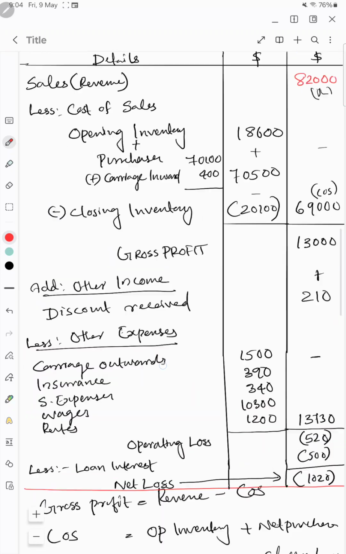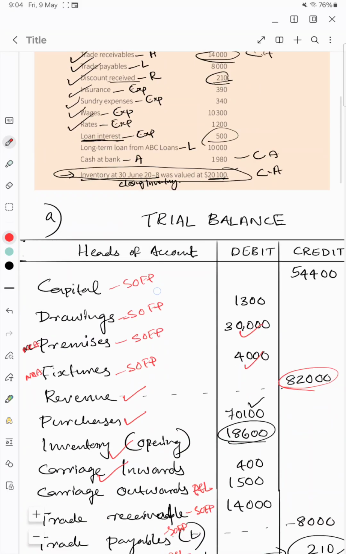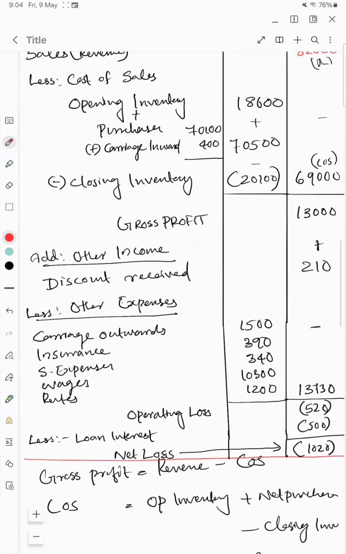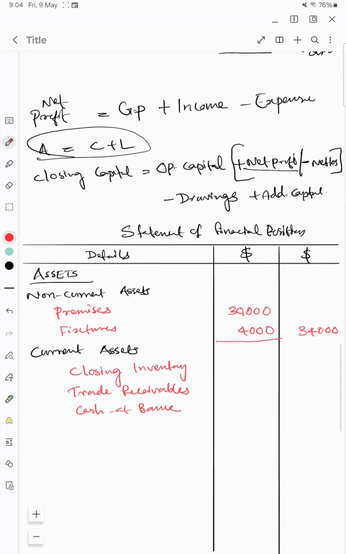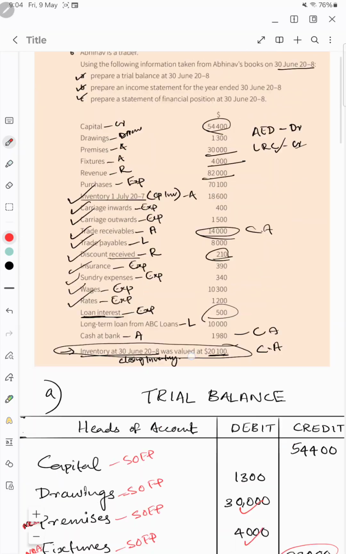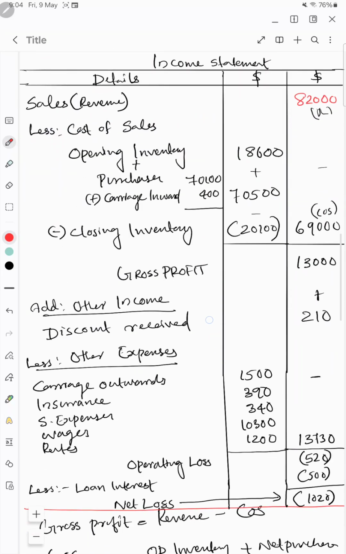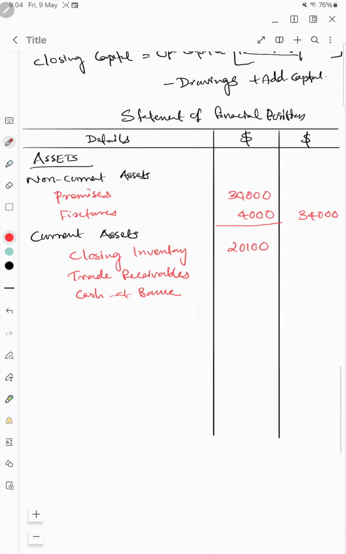So check the amounts. 20,100 is your closing inventory. The trade receivable is 14,000 and cash at bank is 1980.